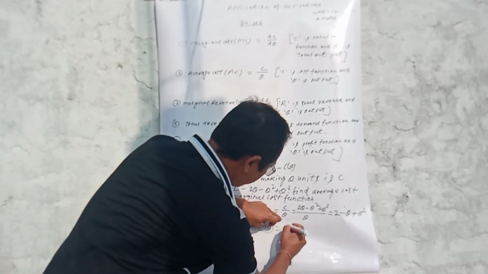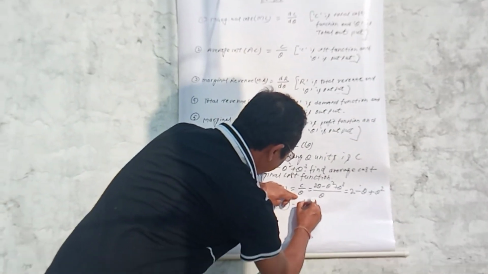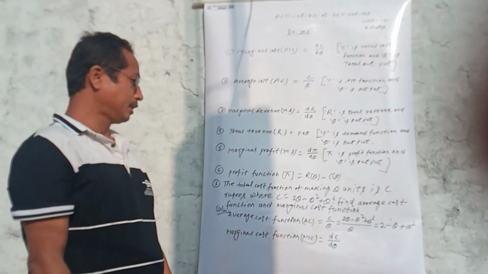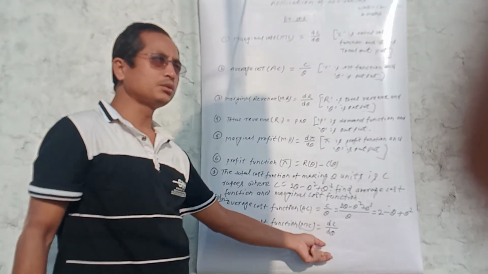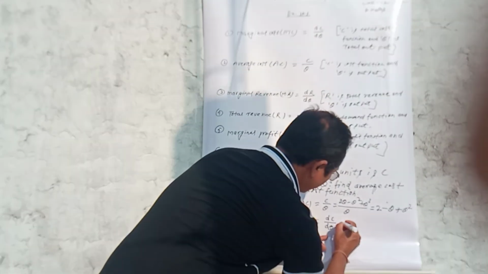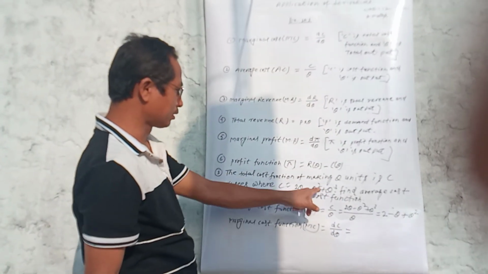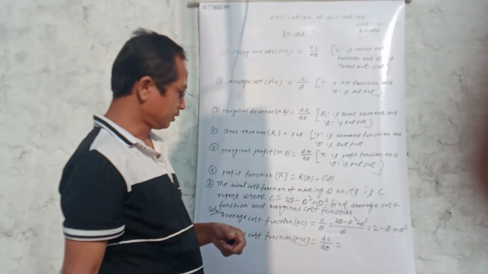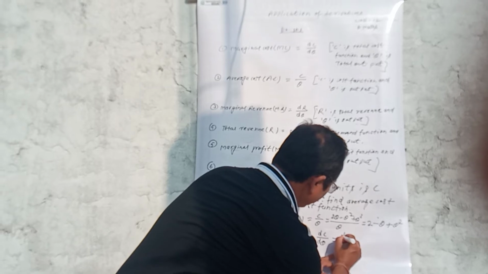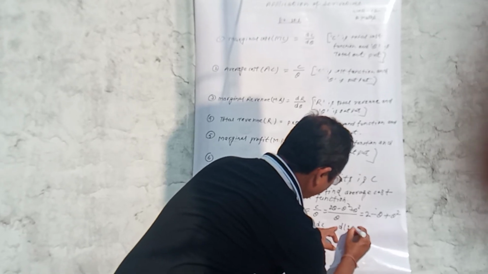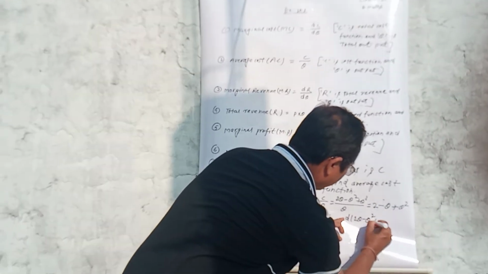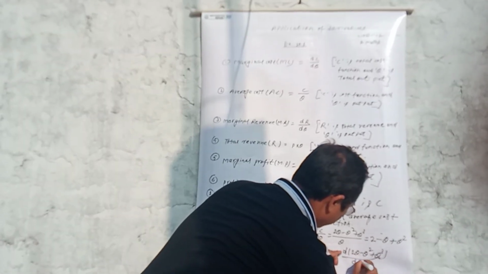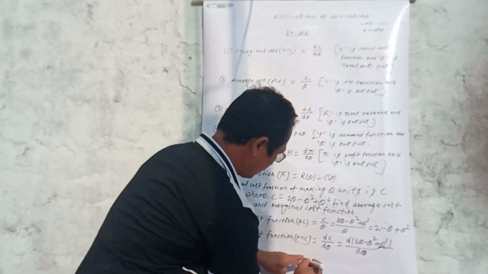As I have told you, dC by dQ, the derivative of C with respect to Q, where C is the total cost function 2Q minus Q square plus Q cube.